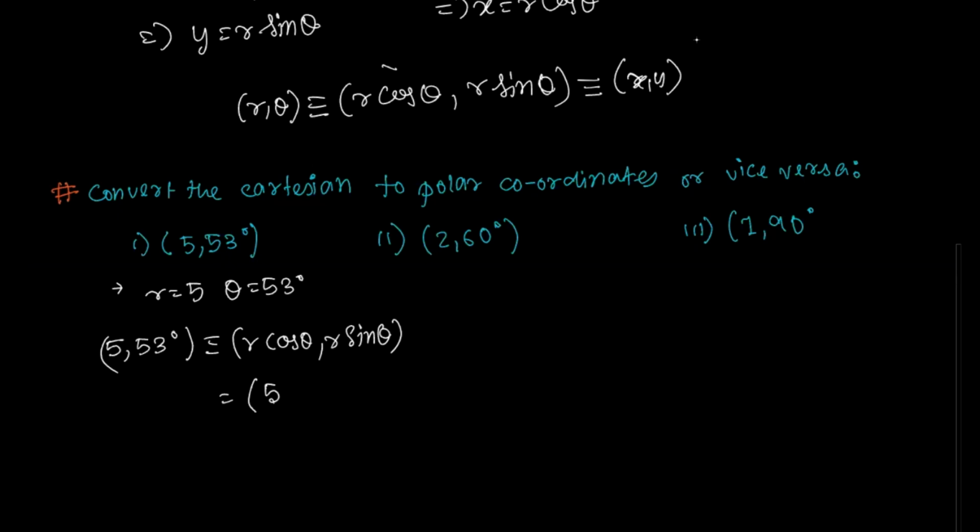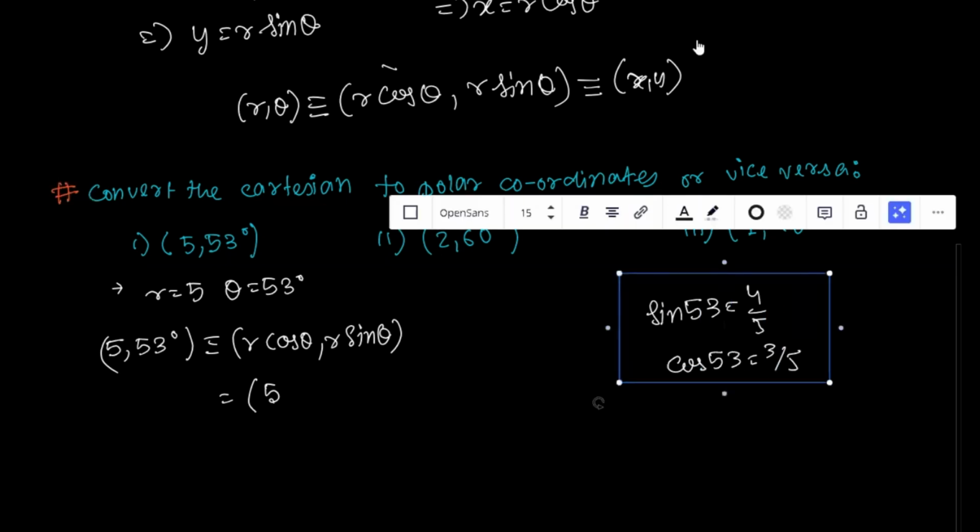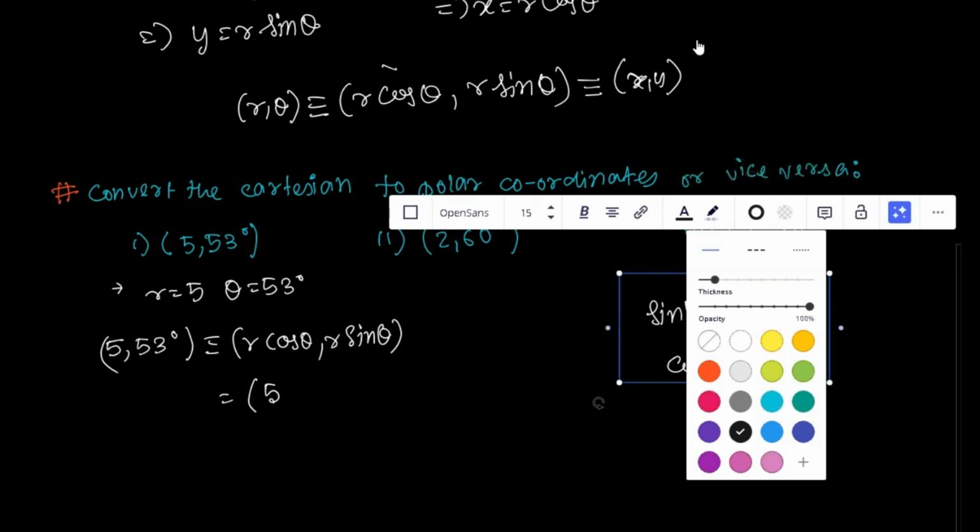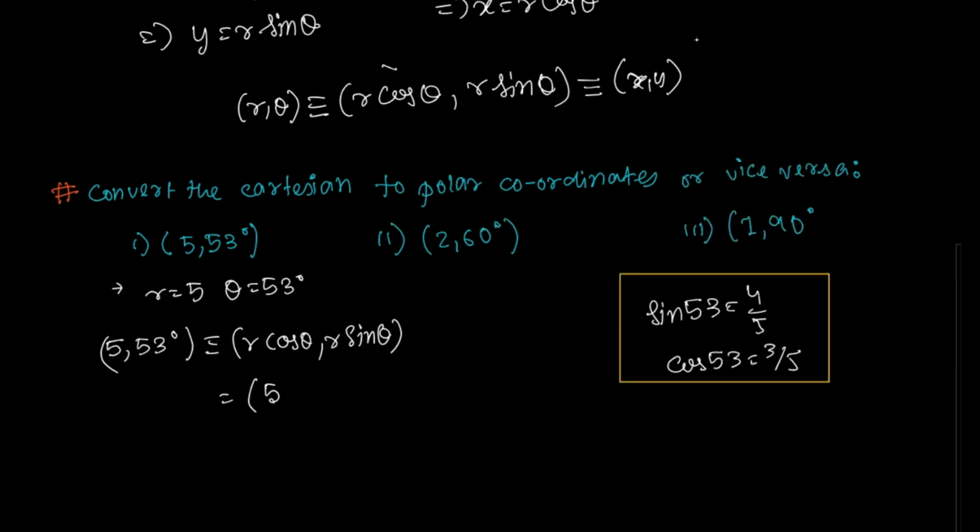What is the value of cos 53? See here, I am writing it here. Sin 53 is 4 by 5 and cos 53 is always 3 by 5. You know, just remember it. It is very important.